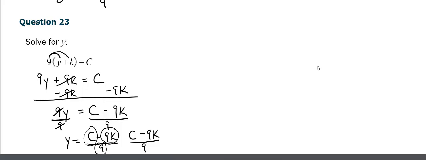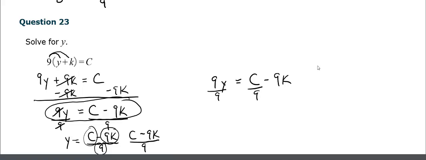Now remember, I said there's another way. So another possibility is I'm going back to the step where we had 9y equaling c minus 9k. Now what you can also do is divide each term individually by the 9.